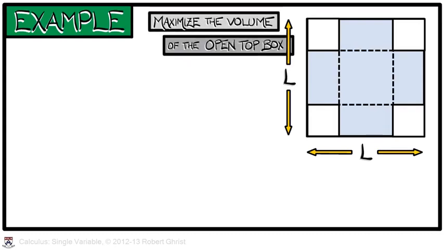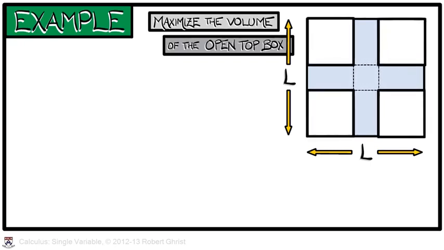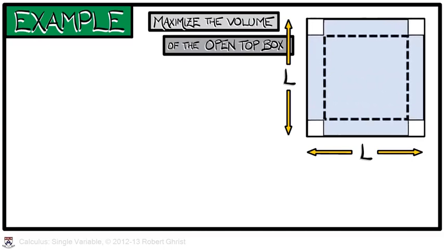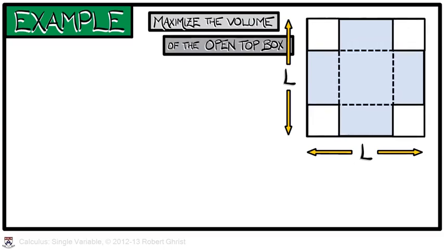I want you to maximize the volume of that box with respect to what we remove. If we remove larger squares, we might get a smaller volume box. If we remove smaller squares, then we might get a smaller volume box. What is the maximal volume? Well, in this case, we'd better set x to be a variable.